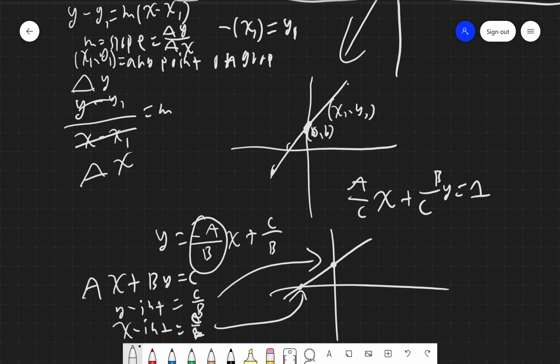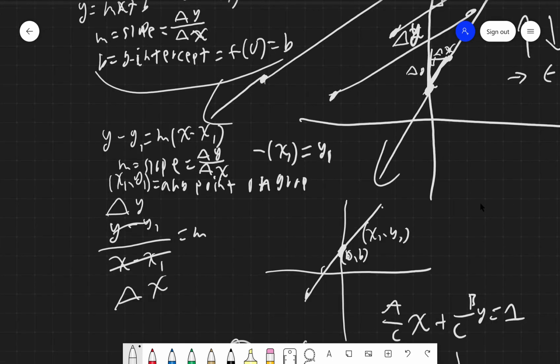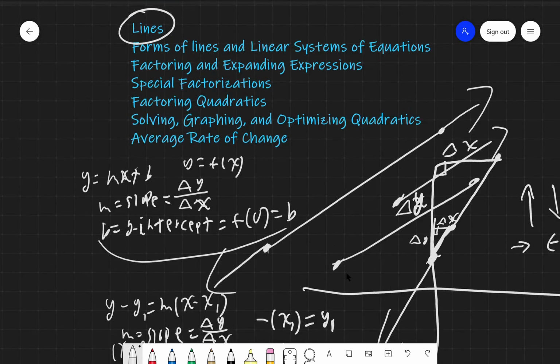In fact, you can also take the reciprocal of both sides, and you kind of get an intercept form. So that's cool. So those are the forms of lines.